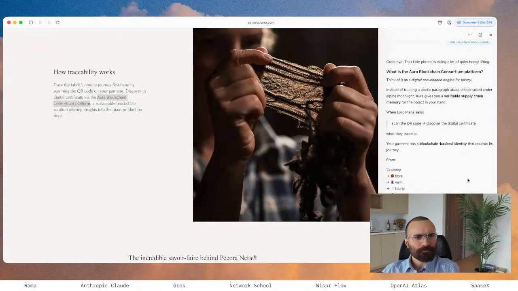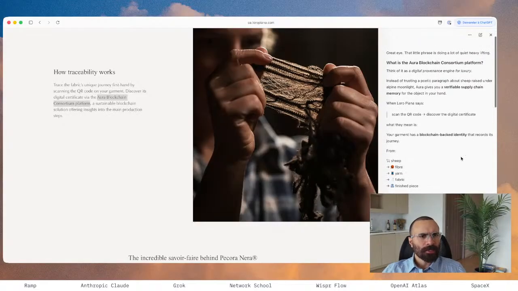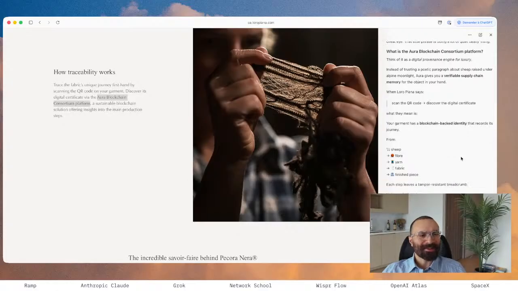Great eye. Think of it as a digital provenance engine for luxury. Instead of trusting a poetic paragraph about sheep raised under alpine moonlight, Aura gives you verifiable supply chain memory for the object in your hand. This is nice. This is what luxury brands do, right?